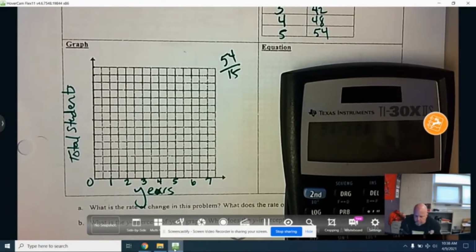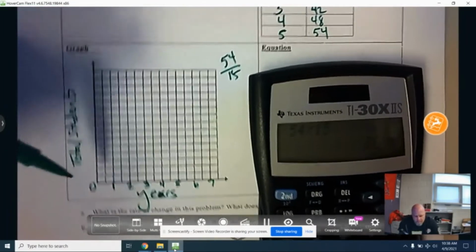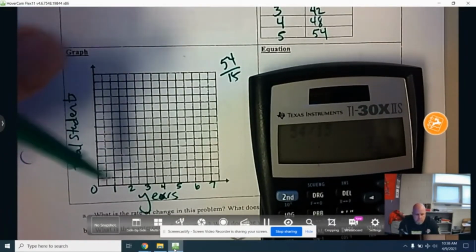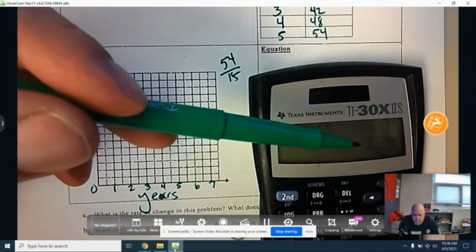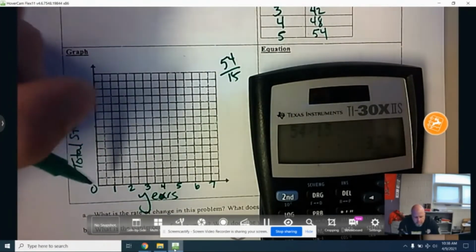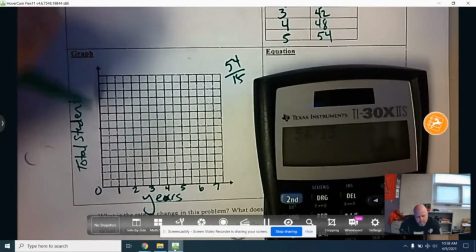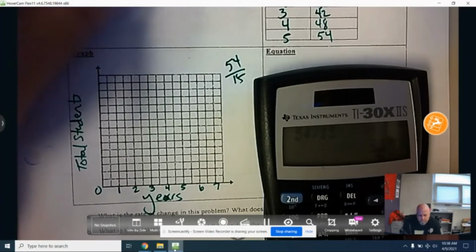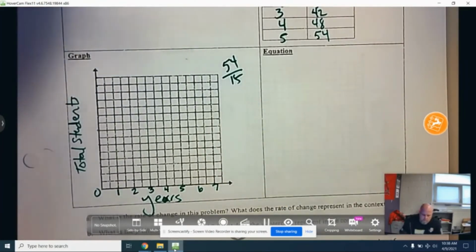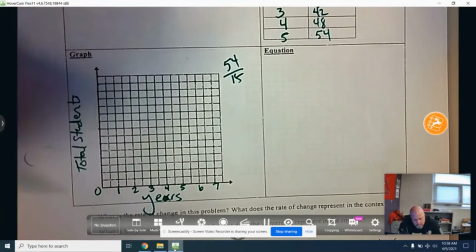So if I do 54 divided by 15, you get 3.6, which means I need to say like every box is at least 4. Okay, I don't want to say 3.6. That's just going to be too hard to think about. So I can say every box is 4 or every box is 5, and that should be enough to get me beyond 54. Okay, so you know what I'm going to do? I'm going to just say every box is 5. Just kind of make it nice and easy.